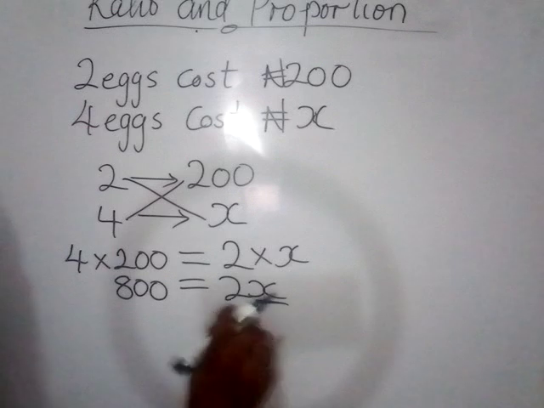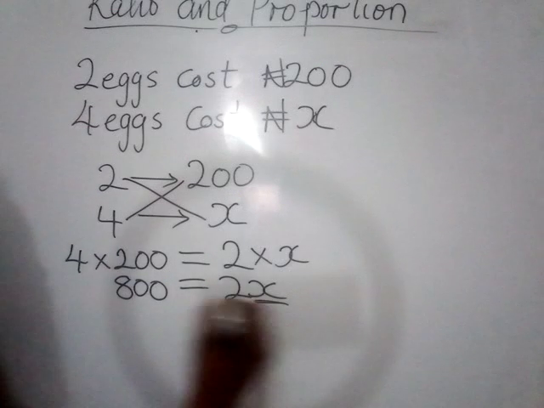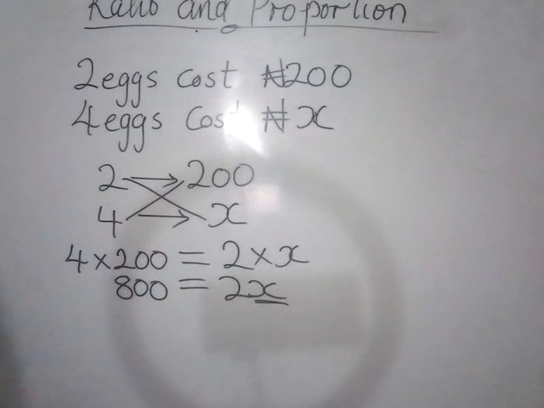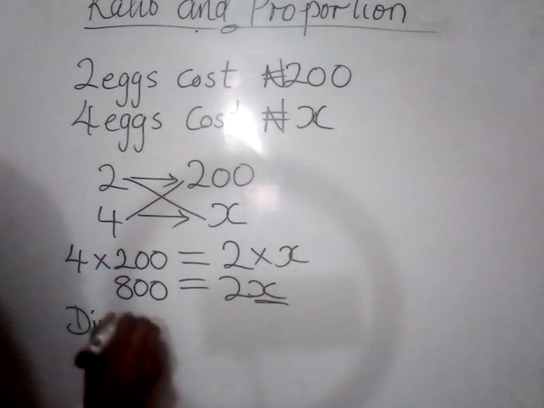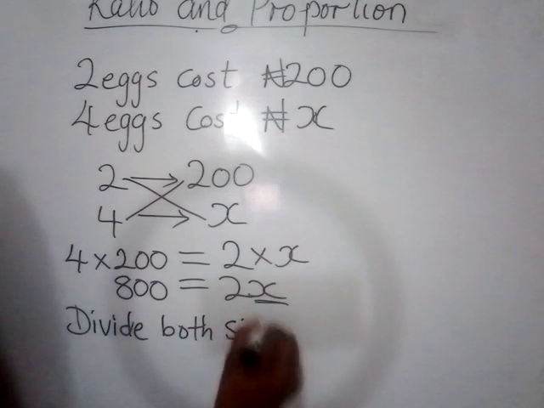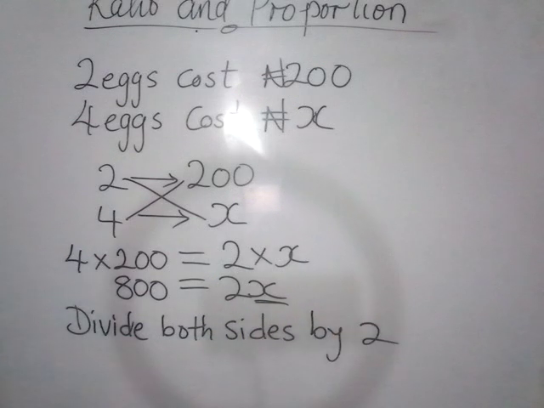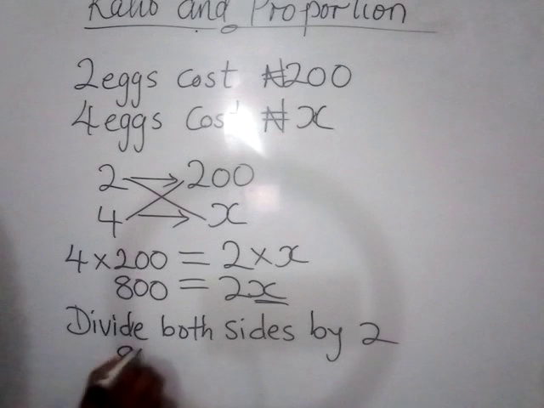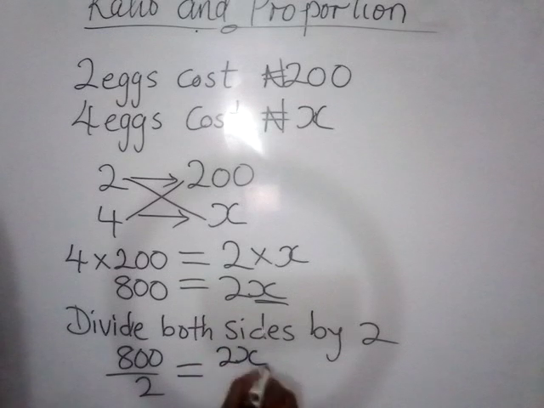So right now it is still joining with a number. We don't want that. So how do we remove or eliminate these 2 from here? How can we get rid of these 2? We divide both sides by 2. So 800 divided by 2 is equal to 2x divided by 2, right?